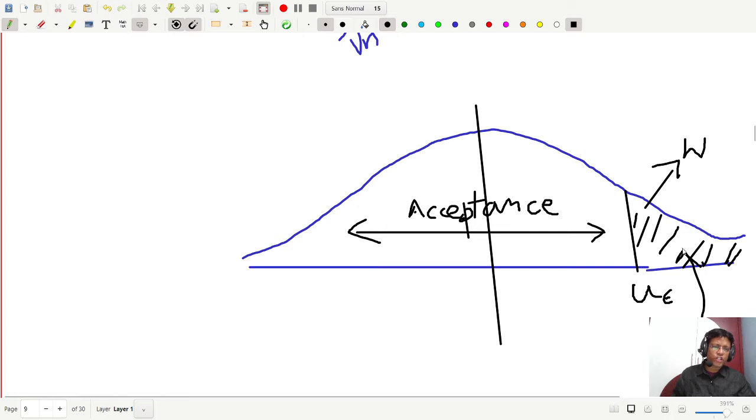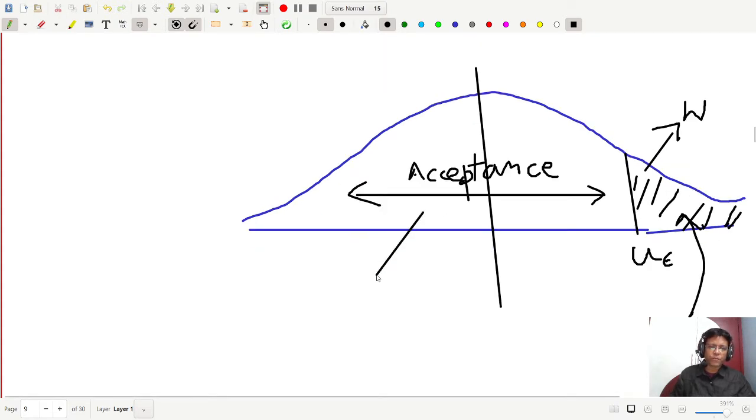That is why this shaded region is called the rejection region or the critical region. And this region is called the acceptance region. The shaded portion is the critical region, and this is your acceptance region.